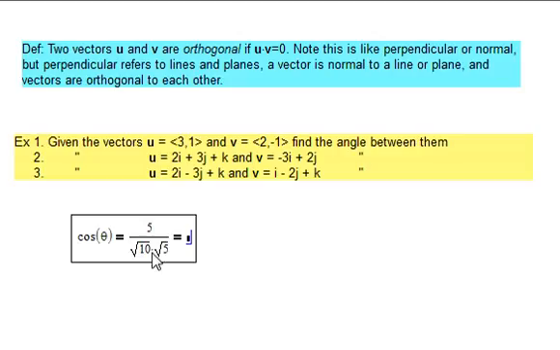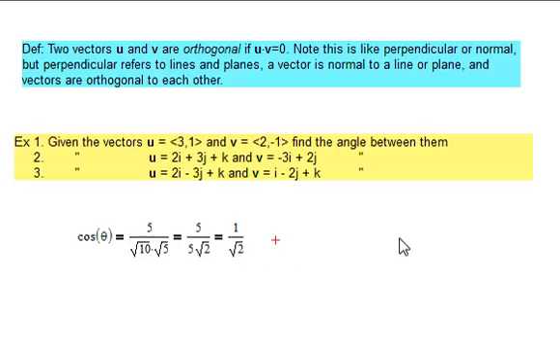So 5 divided by the square root of 50. How about if we make that 5 divided by square root of 50 is 5 times the square root of 2. So that means 1 divided by square root of 2 is the cosine of the angle. But wait, it doesn't say find the cosine of the angle between them, it says find the angle between them.